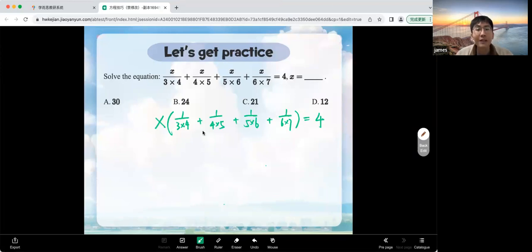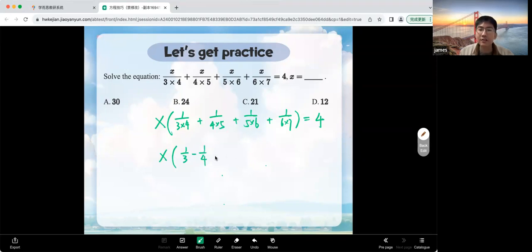Step 2, when you see these 4 fractions in the parentheses, you'll find we can use the splitting method. Because this time, the 1 is the difference between 4 and 3. It is the difference between 5 and 4. It is the difference between 6 and 5. And same thing for 7 and 6. So everyone, for the parentheses, we can split that into 1 over the first bottom number minus 1 over the second bottom number.